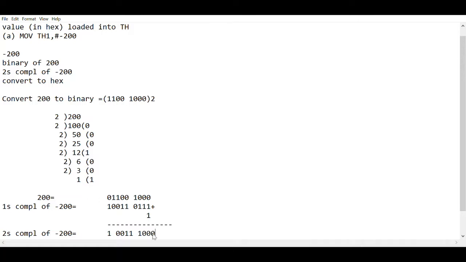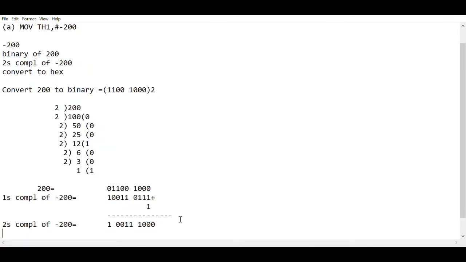Since it's difficult to write from right to left on a computer, I'm writing it from left to right. So it is 0 carry over 0 carry over, so 0 1, then 1 1 0 0, and this is the sign bit. So you don't need the sign bit here.